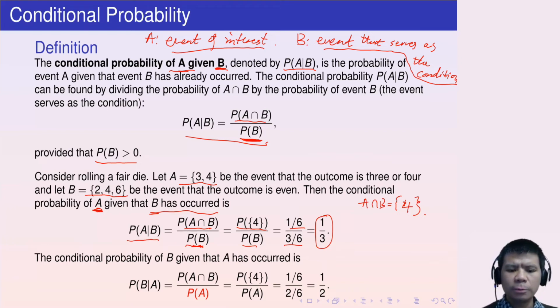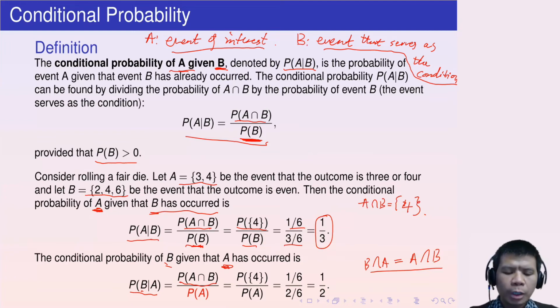Now the conditional probability of B given A has occurred is, by definition, as follows. Here B is the event of interest and A is the event that serves as a condition. So on the top is again the intersection. B intersect A equals A intersect B, they are the same, so we can just write A intersect B on the top. It's literally the same.